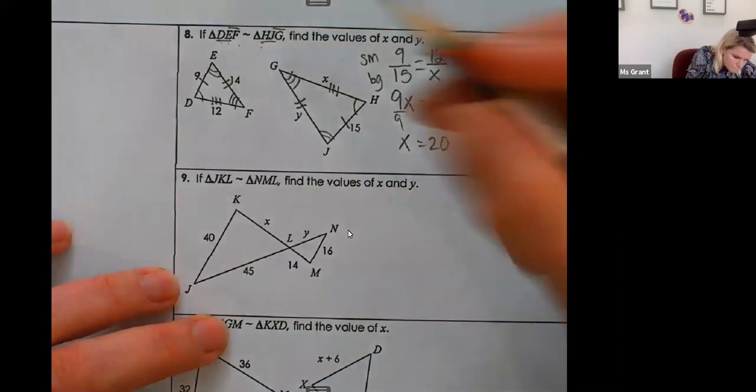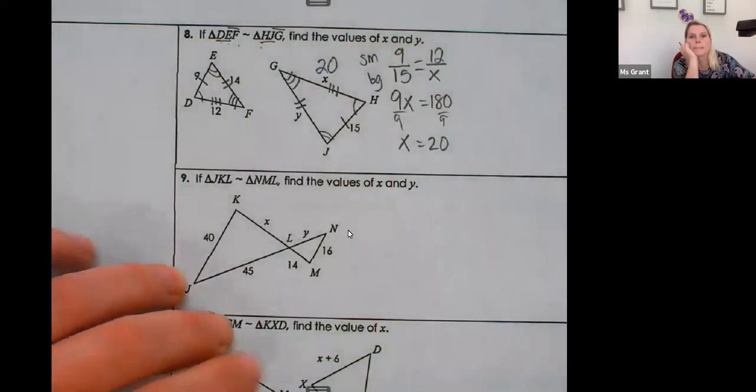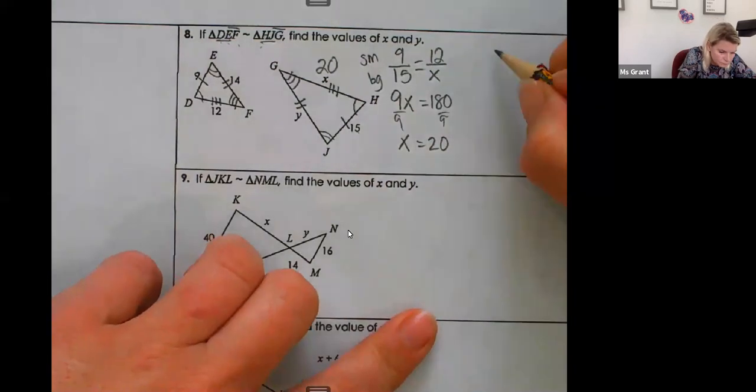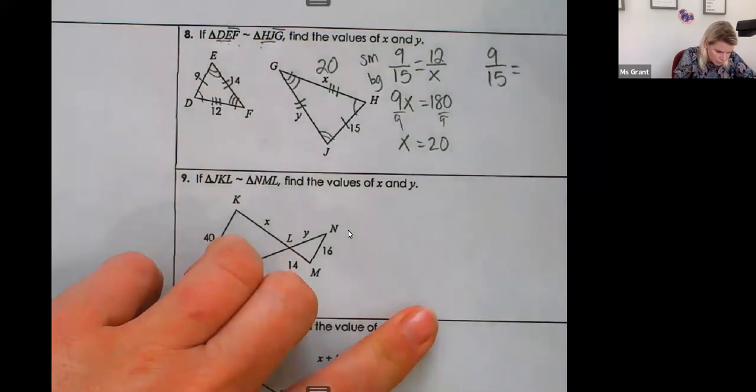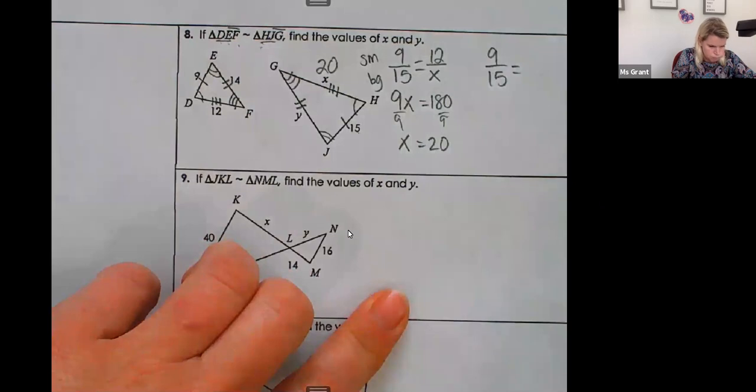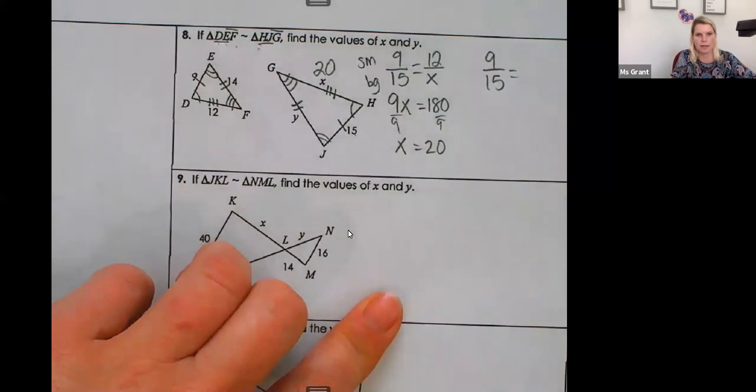Y. Let's use 9 over 15 again. Somebody tell me, what's the fraction? What's the order? What's on the numerator? What's on the denominator?